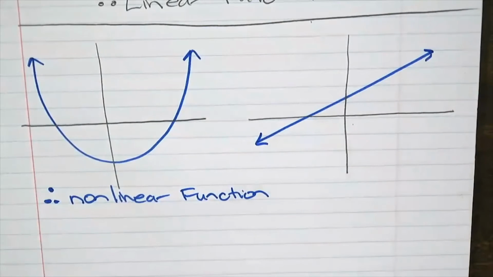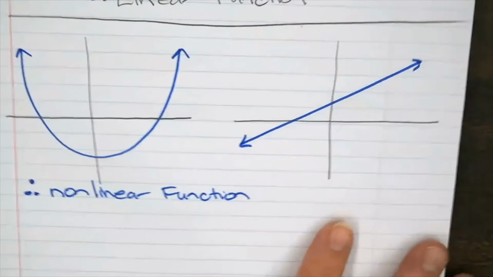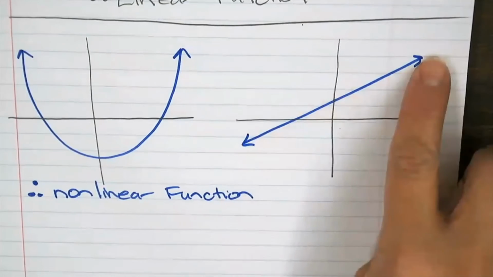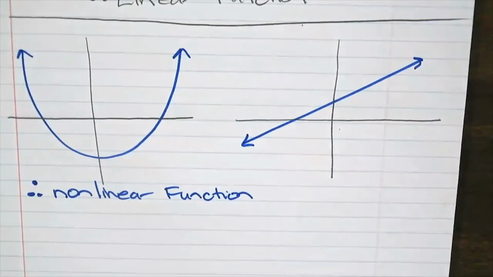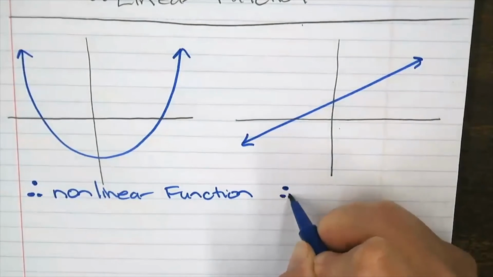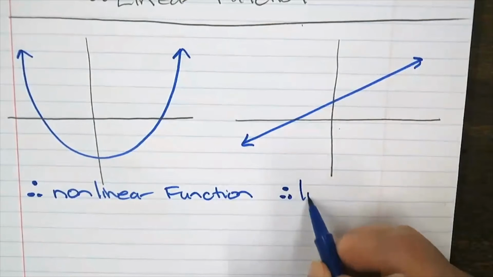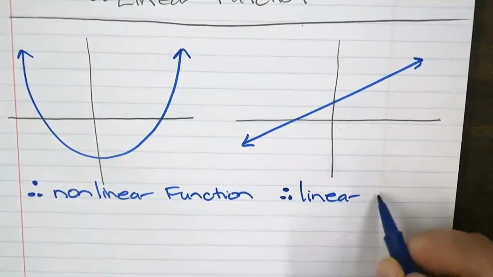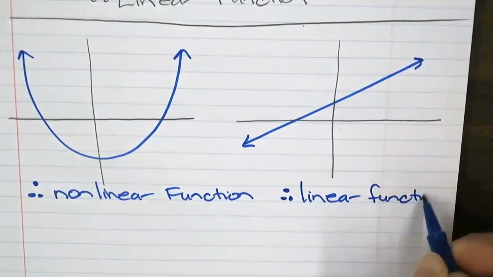Every input or every x has only one output or one y. So it is a function. And when I look at it, it looks like it's a line, right? Looks pretty straight to me. So if it's straight and it's a line, then it is a linear function.